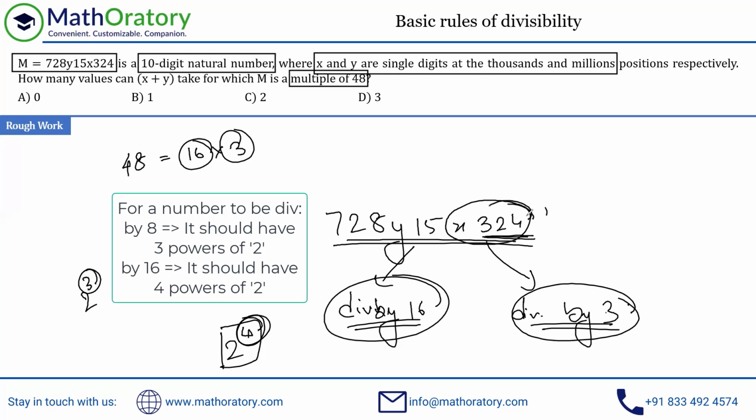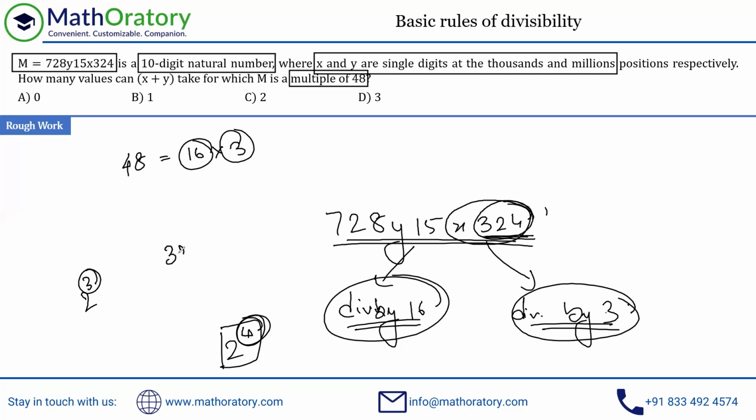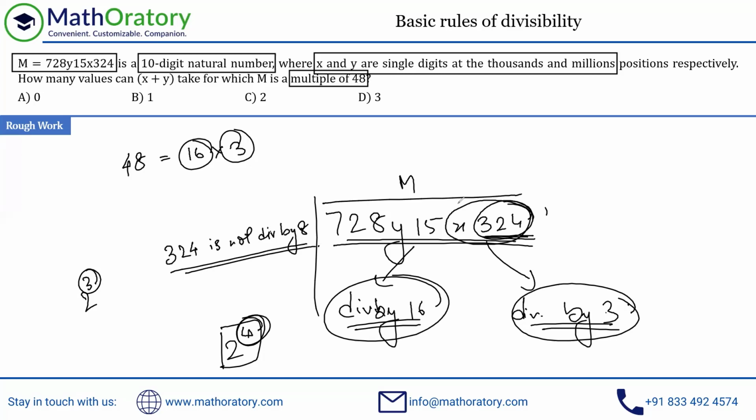So this is what I noticed, that this 324 is actually not divisible by 8, implying this M is not divisible by 8. Now, if a number is not divisible by 8, how can it be divisible by 16 any which way?